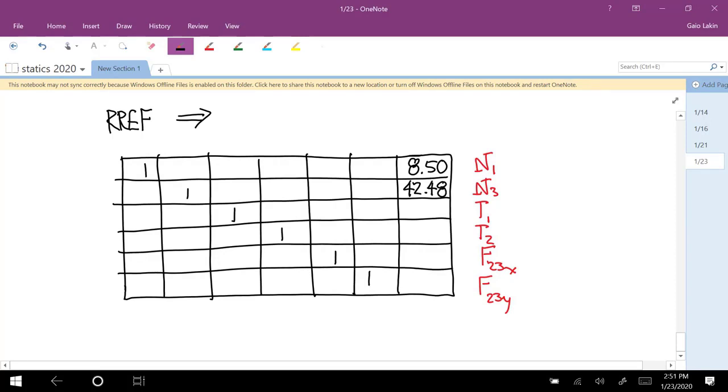T1 should be 24.53. T2 should be 29.43. F23X should be 0, and F23Y should be 19.62. Yeah, so it is cool, right?